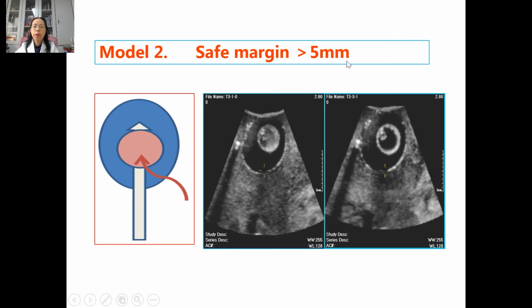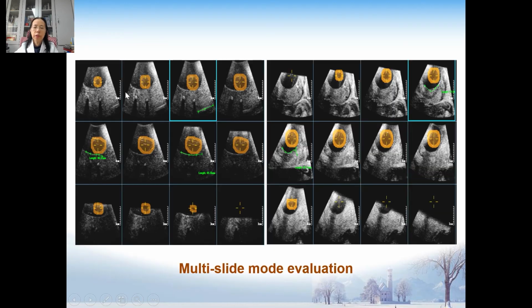Model 2 has a safety margin larger than 5 mm. Here is the balloon, and here we can see it in 2D, and we can also see it in the multi-slice model. You can see everywhere the safety margin is bigger than 5 mm.